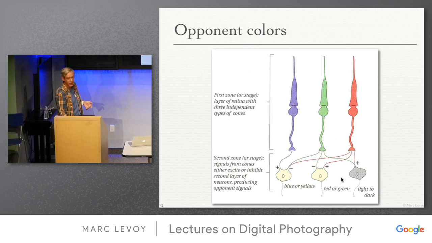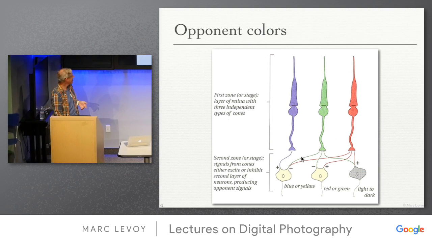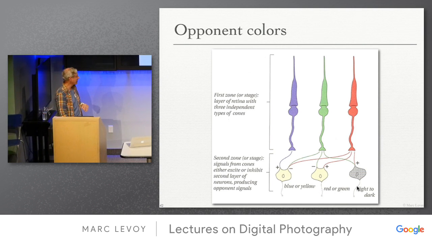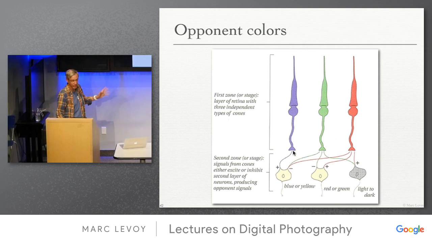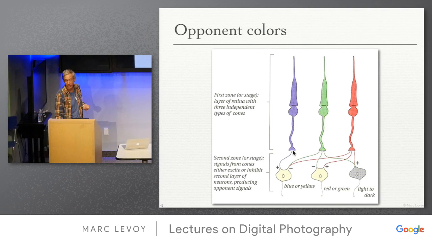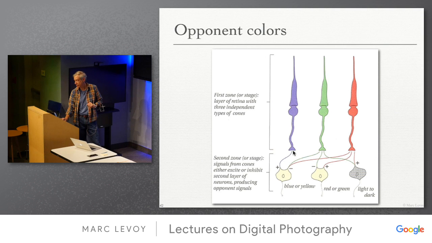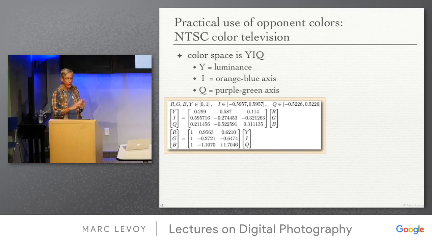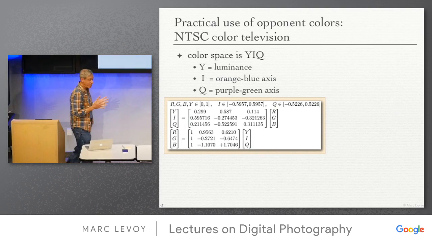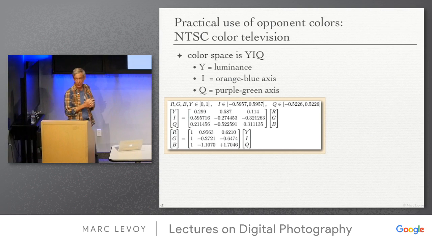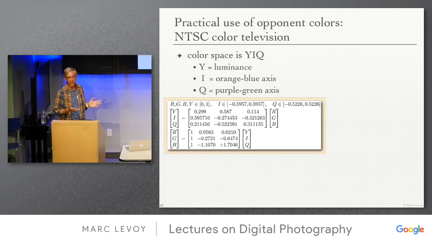This is thought to be the bipolar cells in the retina, and that they compute sums and differences of the colors and produce two different channels, a blue-yellow channel, a red-green channel, and a light-dark channel, which is just the sum of red and green. They don't bother with the blue because it doesn't add that much to luminance. And that's an opponent process coding of the three-dimensional color space. So we therefore have some basis in psychophysics to take advantage of that for color representations.